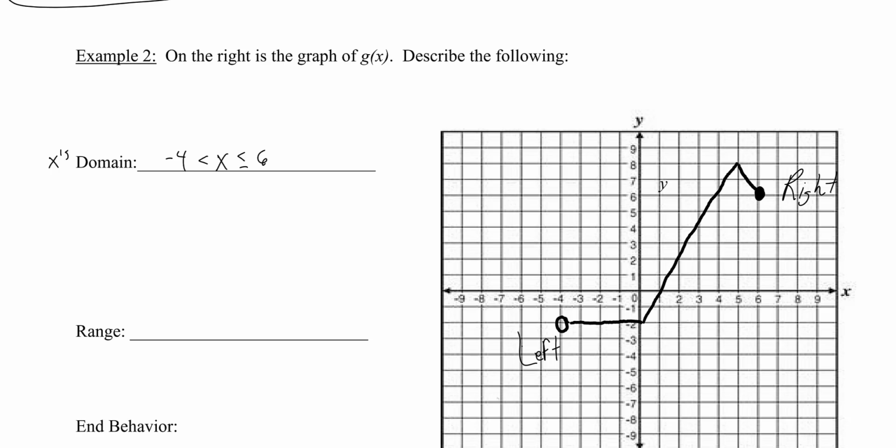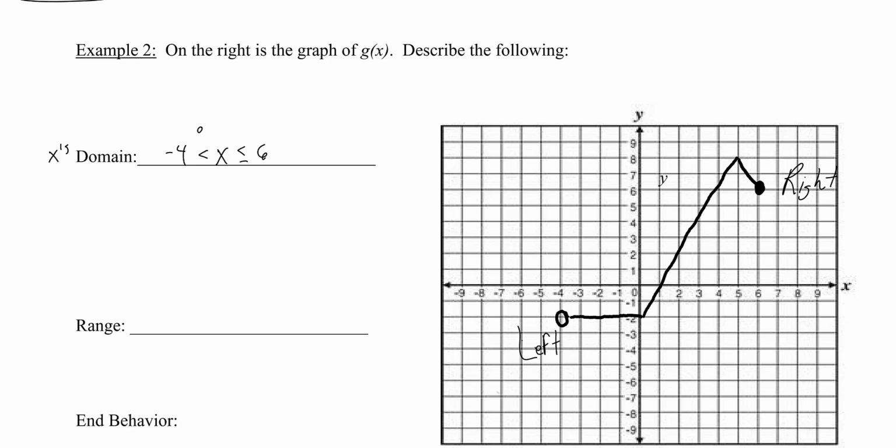It's an open dot at -4, so sometimes it's a good idea to kind of write the dots over just to remind yourself when to use an or equal to symbol and when not to. And if we wrote this in interval notation, it would be parenthesis around -4 because we don't include -4, bracket around 6.